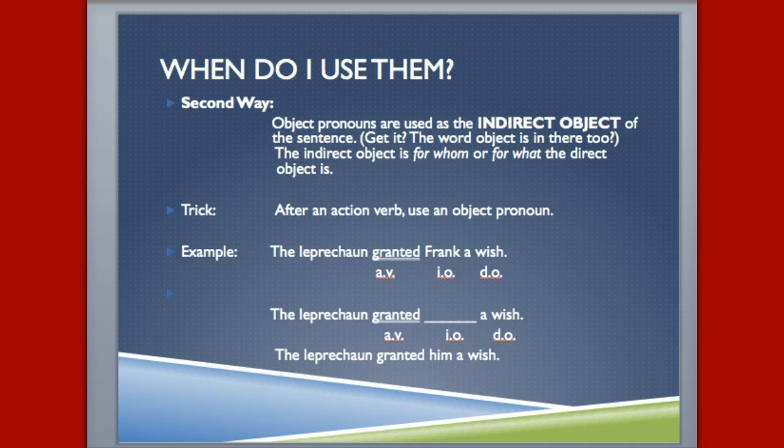All right, so the indirect object is for whom or for what the direct object is, the receiver of the action. So the leprechaun granted who or what? A wish. To whom? To Frank. And you'll see also that your indirect object, if it is in the sentence, comes before the direct object.